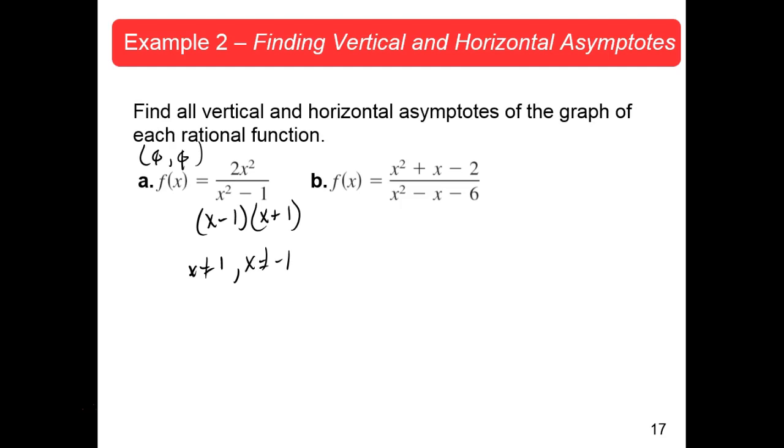Now, you're using the definitions from the book, which is perfectly correct. My shortcut says, look at the ratio of the leading terms. And what's the ratio of that leading term? 2. And y is equal to 2. There's your horizontal asymptote. These are the vertical asymptotes. This is the horizontal asymptote, y is equal to 2. The ratio of the leading terms.